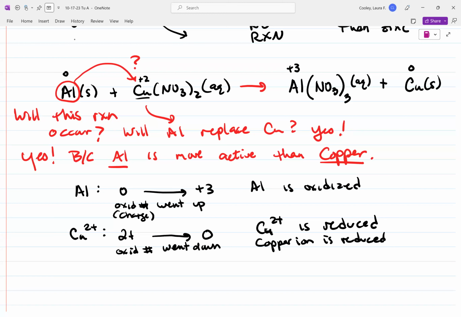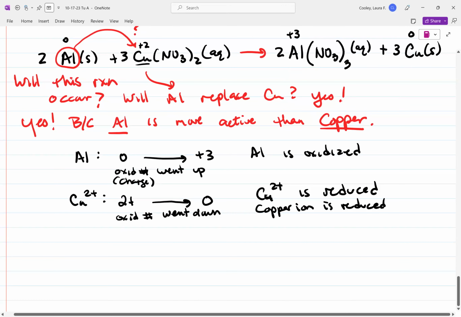Okay. So does it matter that one has 3? Well, all right. Yes, it does matter. And this equation isn't balanced. But in terms of what's happening to an individual aluminum, it's going from 0 to +3. Yeah, I would have to balance this equation. So yeah, that's very true. I would have to put 3 here and 2 here and 2 here and 3 here. Yeah, then it would work out.